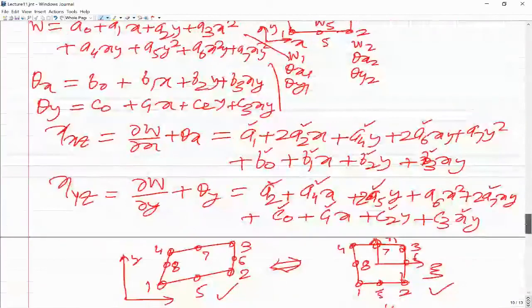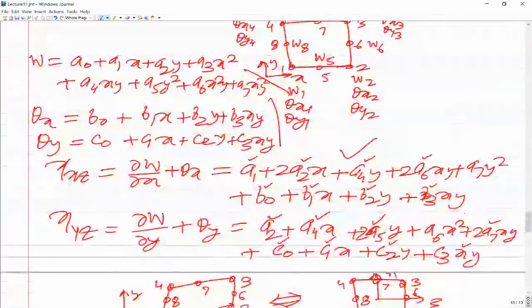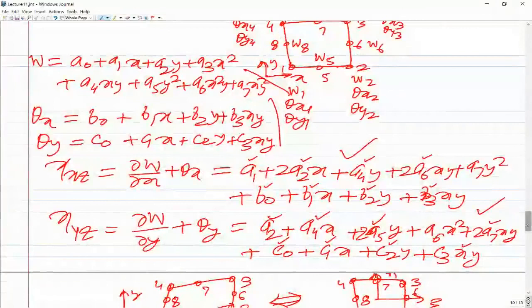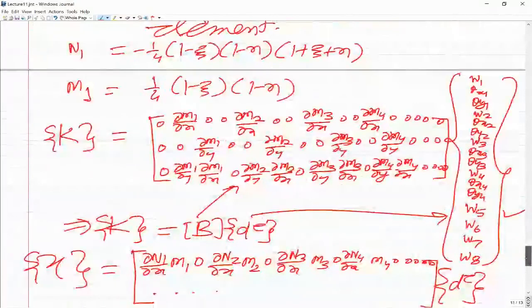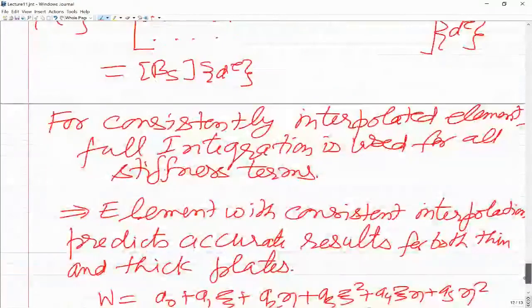We wanted to make sure that individually these constants b0, b1, etc. and c0, c1, etc. do not go to 0 when gamma xz and gamma yz are approaching 0. Because in this interpolation, when w is quadratic and theta x and theta y are bilinear, the transverse shear strain terms have contributions from both fields, w as well as theta x, or w and theta y. So individually the terms are not going to zero.